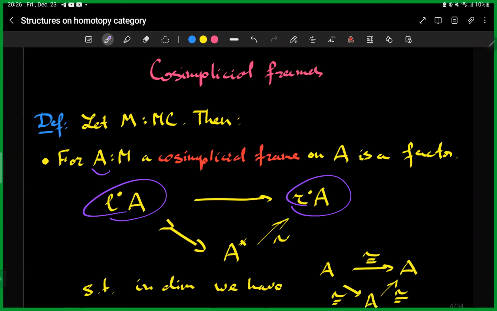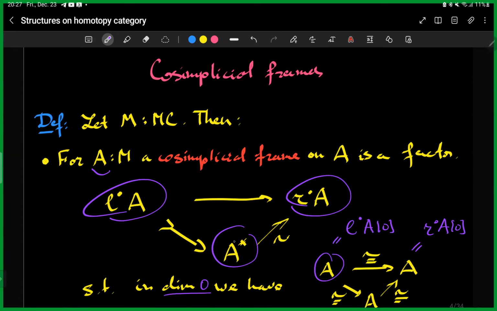What we get is something that we call a cosimplicial frame. If additionally in dimension 0 we have L of A in dimension 0 and R of A in dimension 0, and here we have the identity.